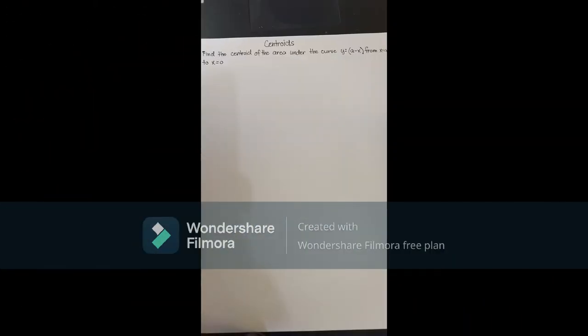Now the last topics are centroids. So we're going to solve two problems. First problem, find the centroid of the area under the curve y equals a minus x from x equals a to x equals 0. First, we're going to graph.